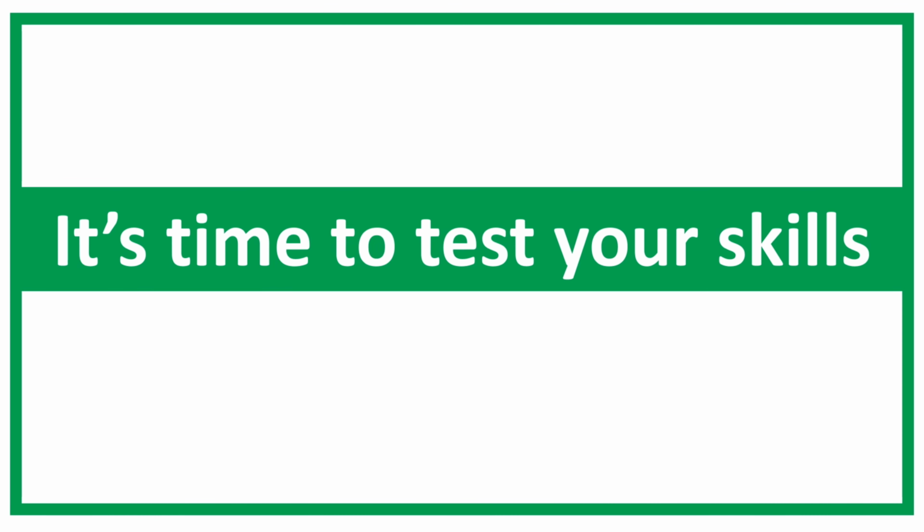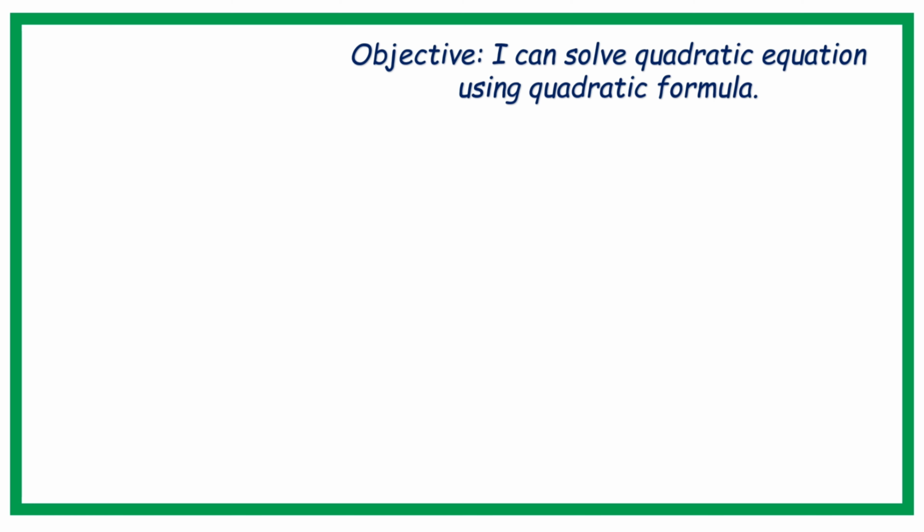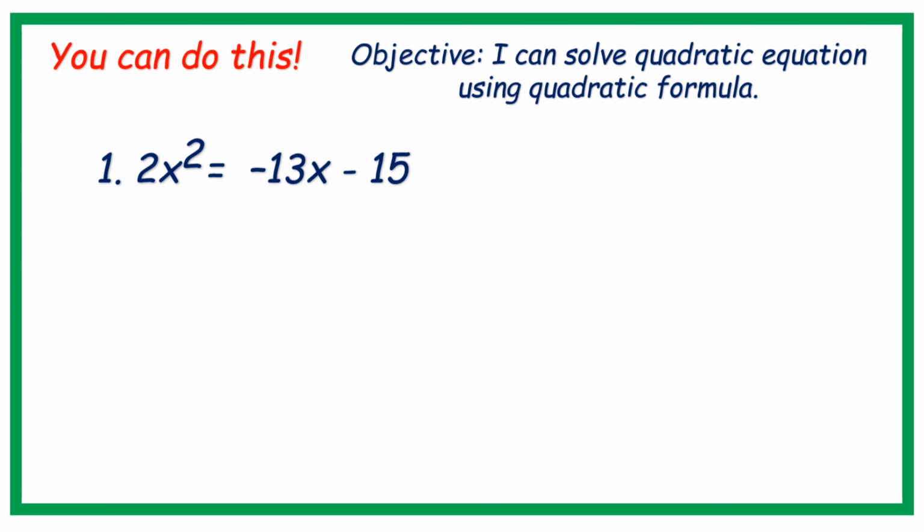Now it's time to test your skills. Again, the objective: I can solve quadratic equations using the quadratic formula. You can do this. You can bring out your pen and paper and copy the following. Do not answer yet.